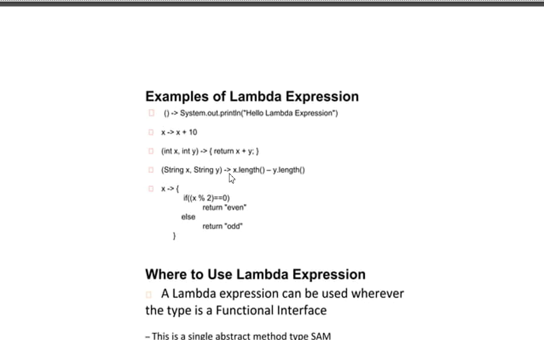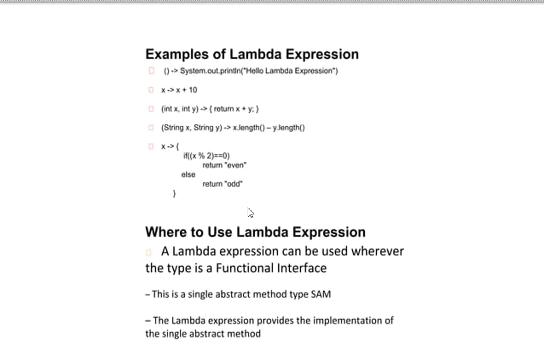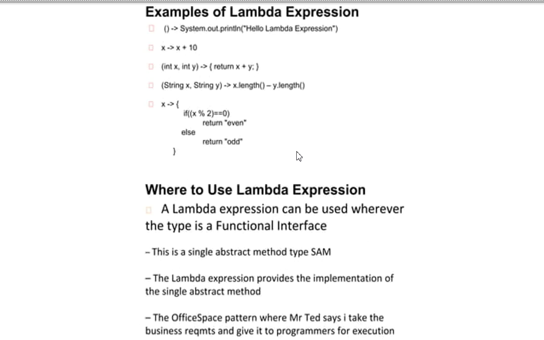String x, String y becomes x.length minus y.length. This arrow symbol we can also read as becomes. And x becomes: if x mod 2 is equal to 0, then return even, else return odd. Like this we can create lambda expressions.